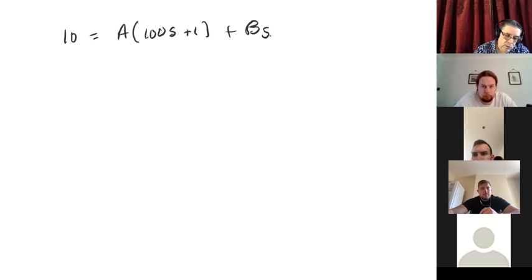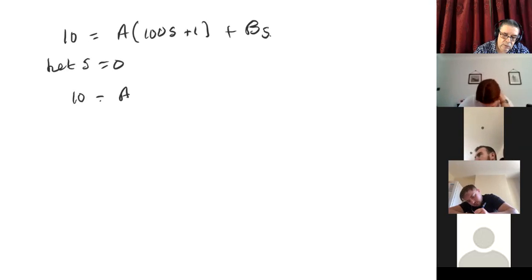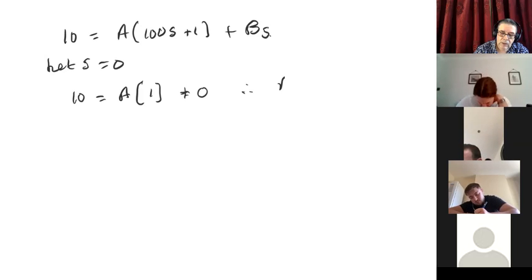So if we say that s equals 0, then that becomes 10 is equal to A times (100 times 0 is 0, plus 1 is 1). So A times 1 is equal to B times 0, which is 0. So therefore A equals 1.